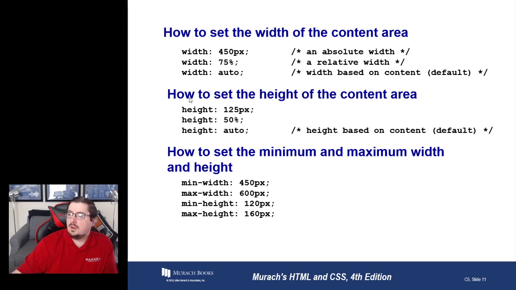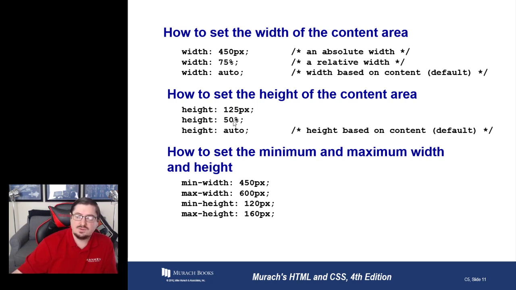Okay. How to set the height of the content. So we can do the same thing with the height. We can set it to absolute. We can set it to a percentage, say 50%. In my experience, relative heights like this, 50%, tend to not work very well and tend to not work the way you would expect them. So I really avoid trying to use percentages here.